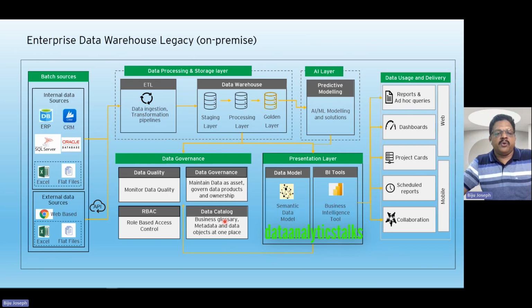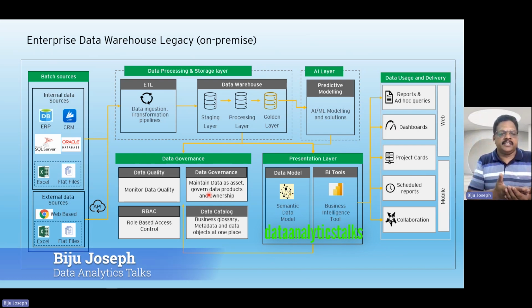Okay. Then of course, you will have to have some data governance. What data comes in, maintaining the consistency, accuracy, timeliness, all this is part of data governance, right? So data quality, data governance, data cataloging, and role-based access security. That is the security aspect of it. All comes under data governance. And you will have the presentation layer.